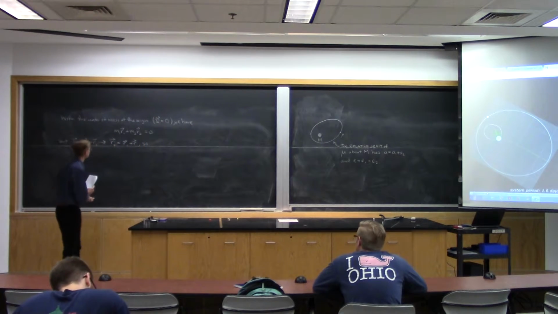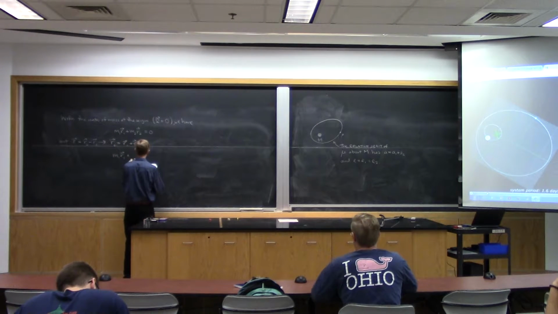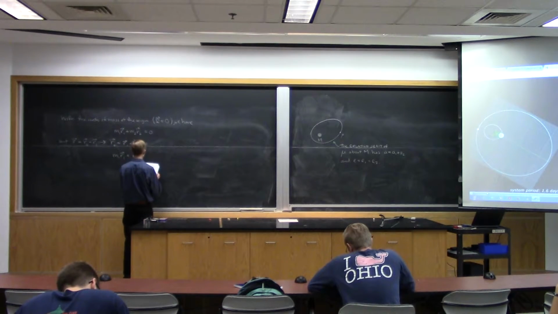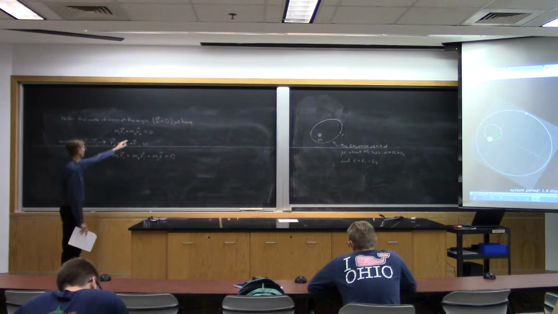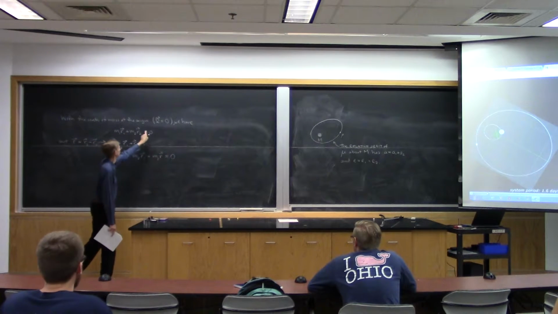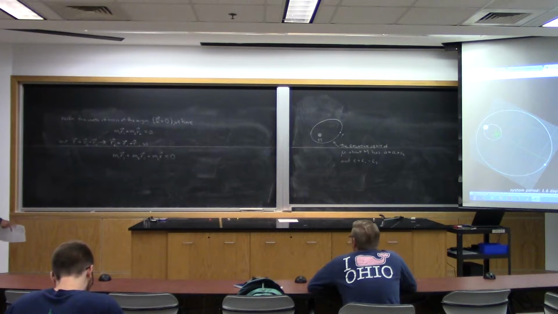So let's substitute that in above. So that says that m1 r1 plus m2 r1 plus m2 r is equal to 0. Just plugging in r2 is r1 plus r in the expression that the center of mass is the origin.